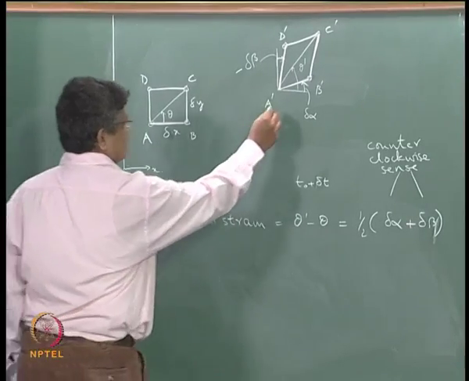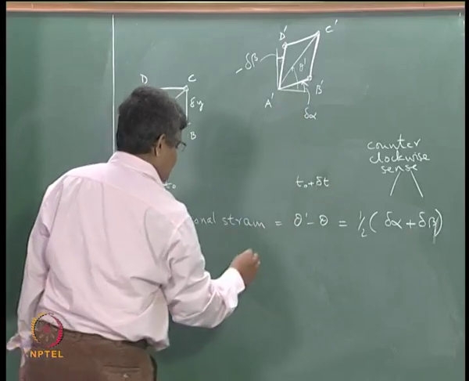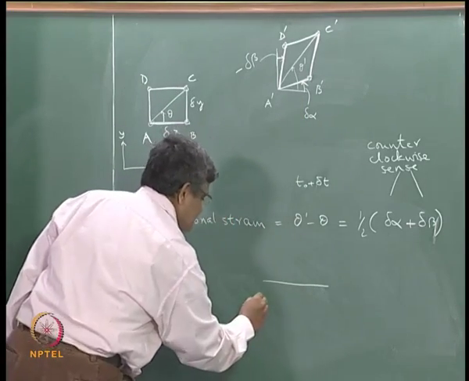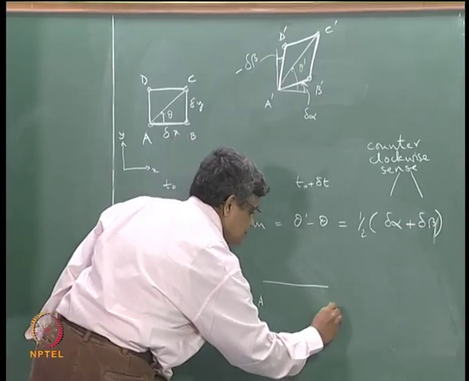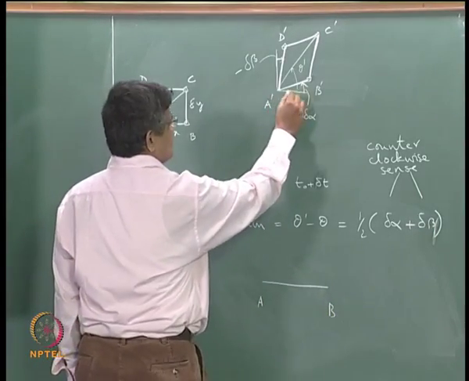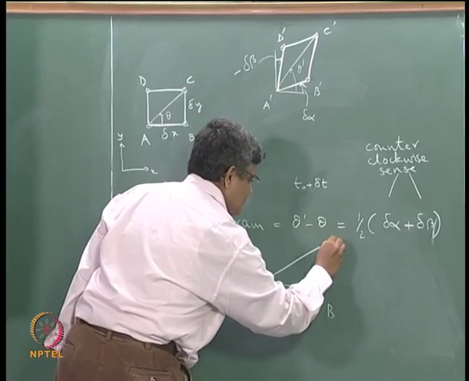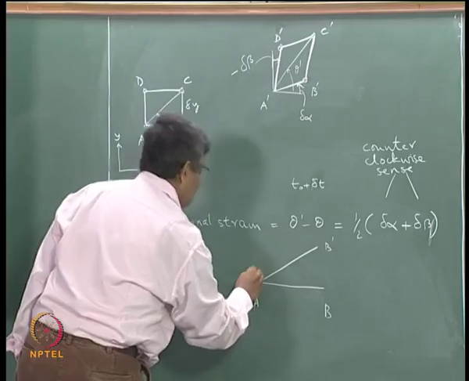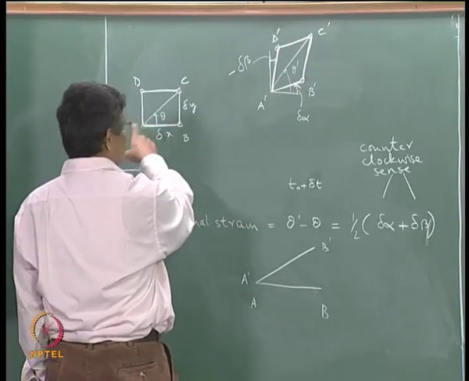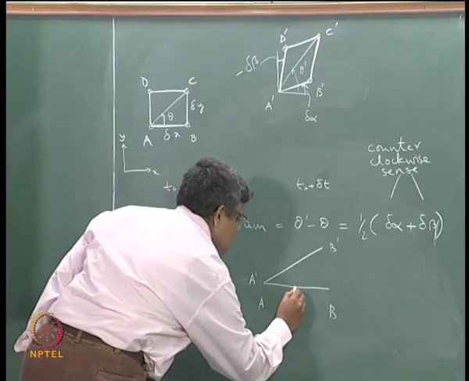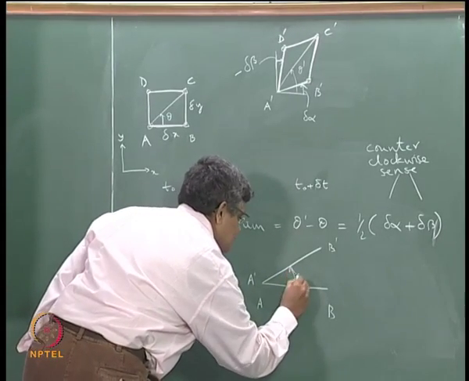So let us magnify this a bit here. This is originally AB, and now this is A prime B prime. We have brought A prime and A to be the same point because we are only looking at rotation, and this is our delta alpha.